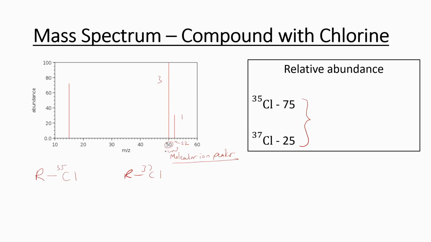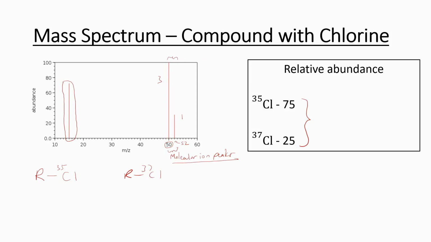And both of these are molecular ion peaks because they're both molecular ions. This peak here is not the whole molecule. It's a part of the molecule because the molecule has split into fragments, it's fragmented. But these two represent the whole molecule, one with Cl35 and one with Cl37.